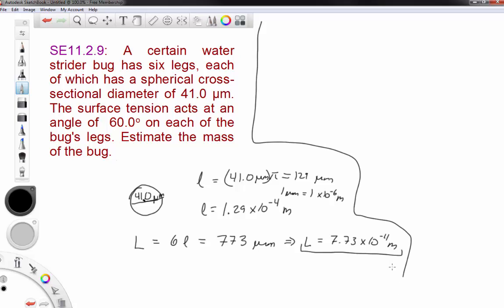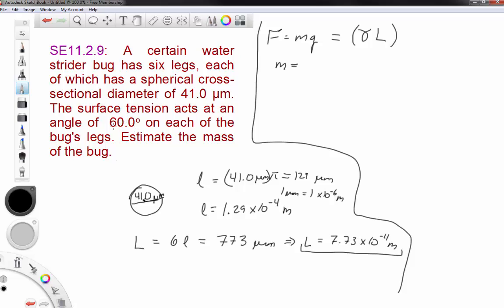Now, the force should be the mass of the bug times the free fall acceleration, and that should also equal the surface tension times the total length. So the mass should be, now we got to be careful here. We can't just say surface tension times length. We're going to call this surface tension times length times this factor at which the surface tension is acting.